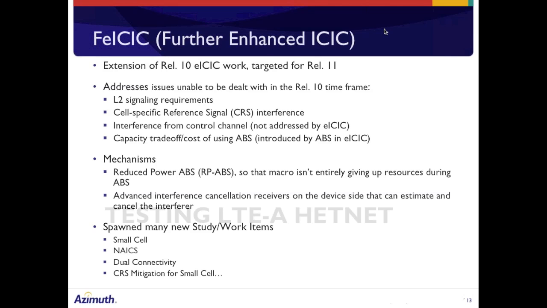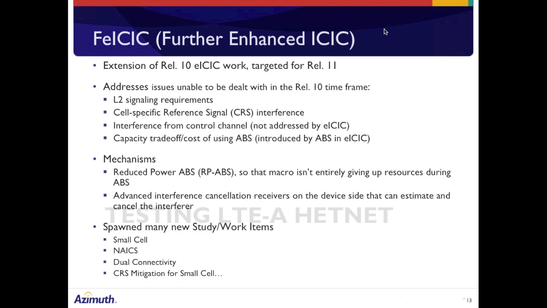And the more you know about your neighbor, the less power you have to consume in figuring out what the interferer is transmitting so that you can cancel them out. Obviously, there's a trade-off, because if you knew everything about what the neighboring cell was transmitting, that would basically double your bandwidth needs. So like I say, there is a trade-off in terms of the number of parameters that end up being conveyed by the network in NAICS.